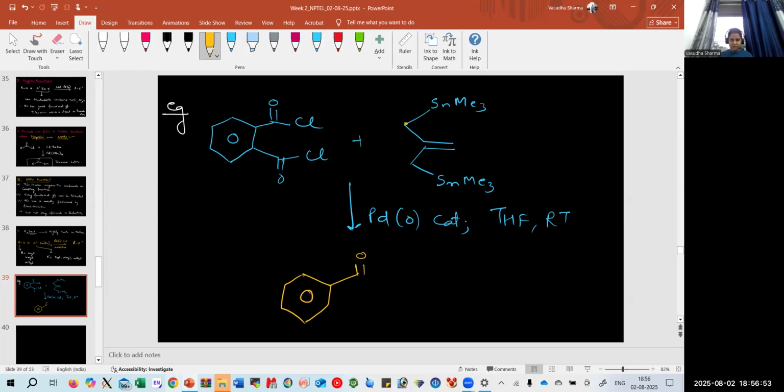So instead of this, it will go this way. We count the numbers 1, 2, 3, 4, 5, and 6. Right? So this is your product, which has been found in 62% yield.